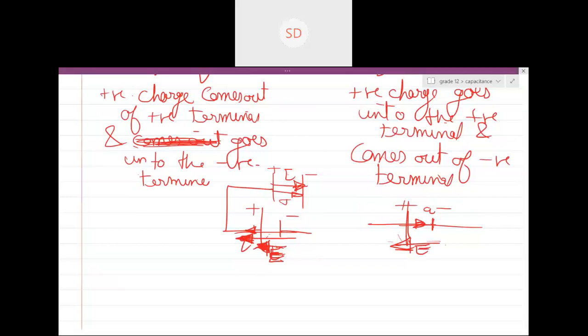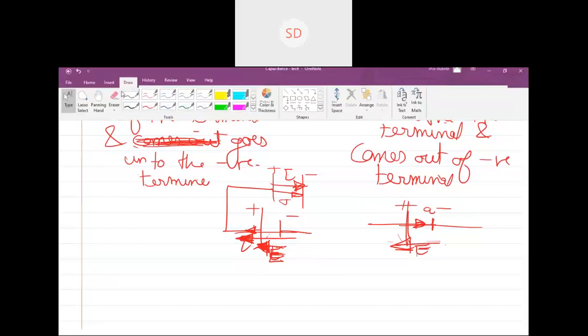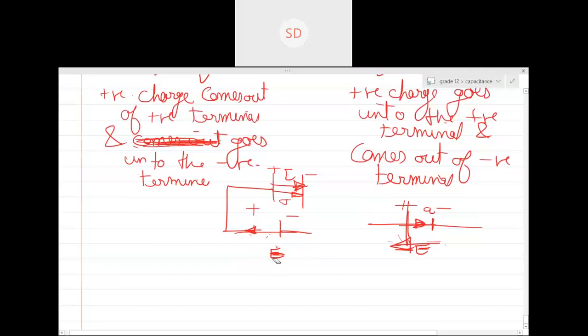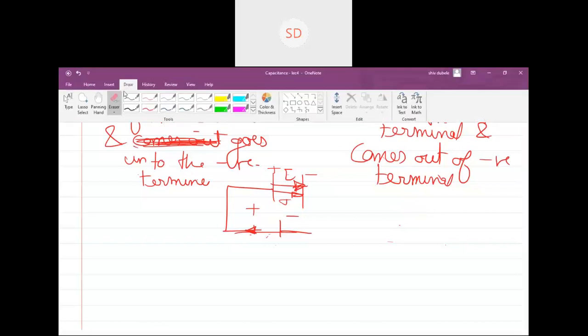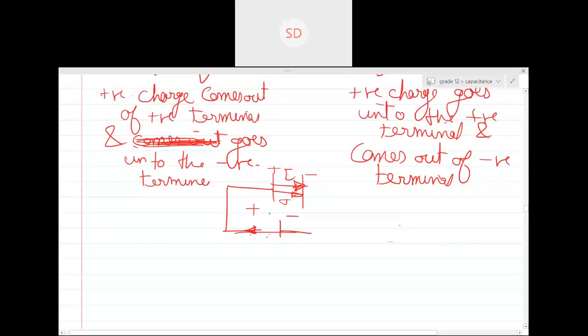Shall I rub this? I'll just rub it. So suppose this is your positive terminal and this is your negative terminal, and this is the outside part. We know that the electric field is always from negative to positive inside the battery.